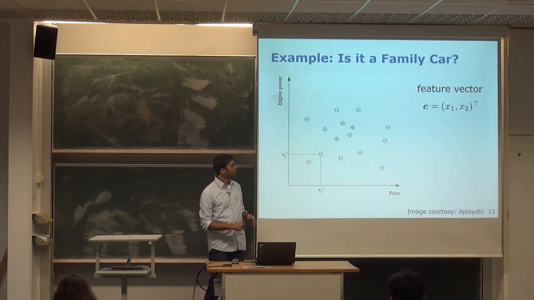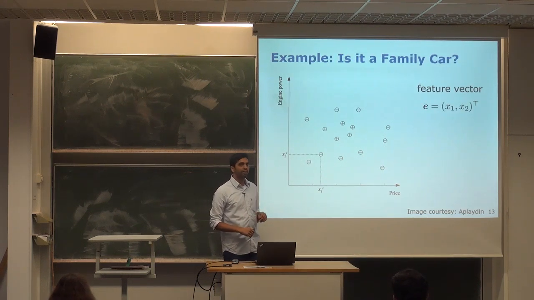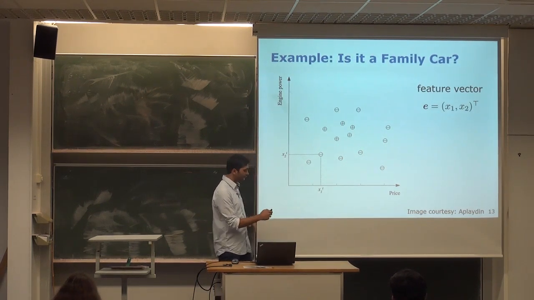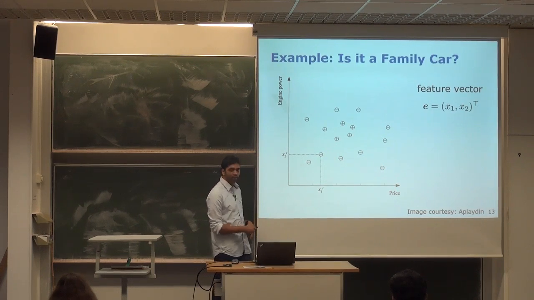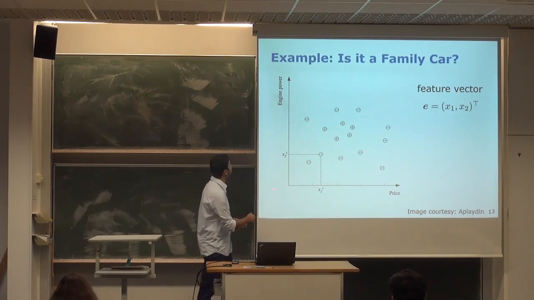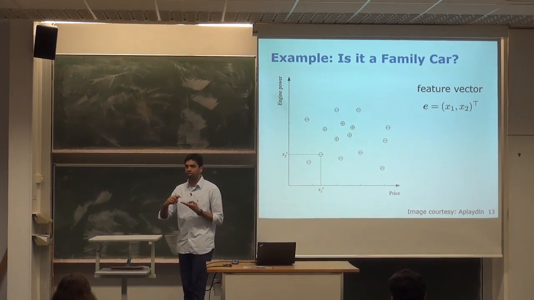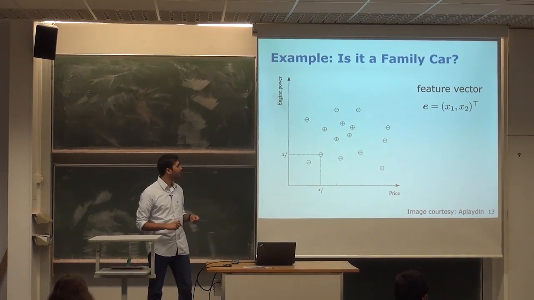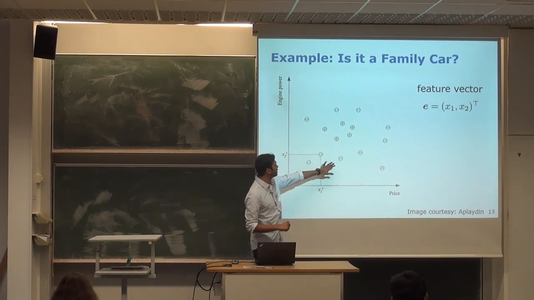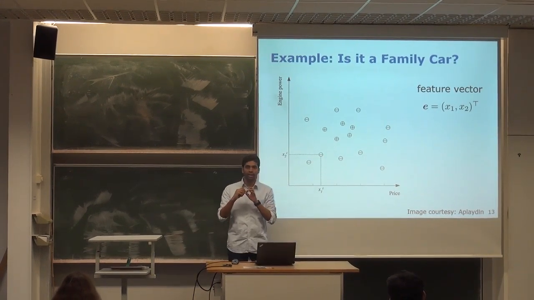Right? So if we actually plot this data, this is how it looks. On the x-axis, you see the price of the car. On the y-axis, you see the engine power. These are the two components of the feature vector for each car that you had. Each of these circles that you see is one data point. Right?